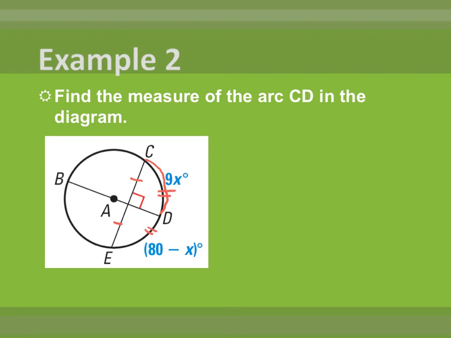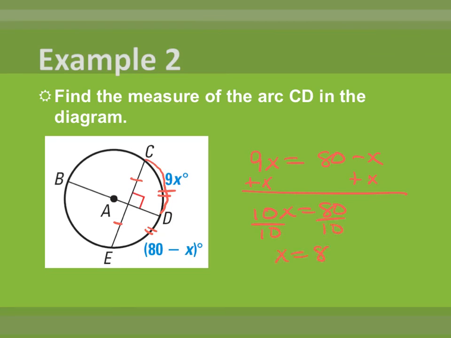So to find the measure of CD, I'm going to set 9x equal to 80 minus x. I'm going to solve for x. So I'm going to add x.